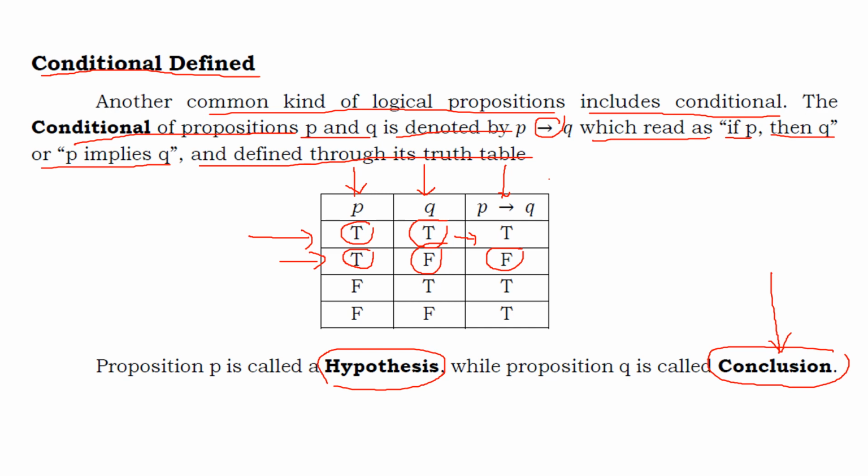Whatever the truth value in your conclusion, we follow the truth value of your second proposition, which is your Q proposition. It's the same thing with the fourth row here. Your proposition P is F, or false, and your Q proposition is true.